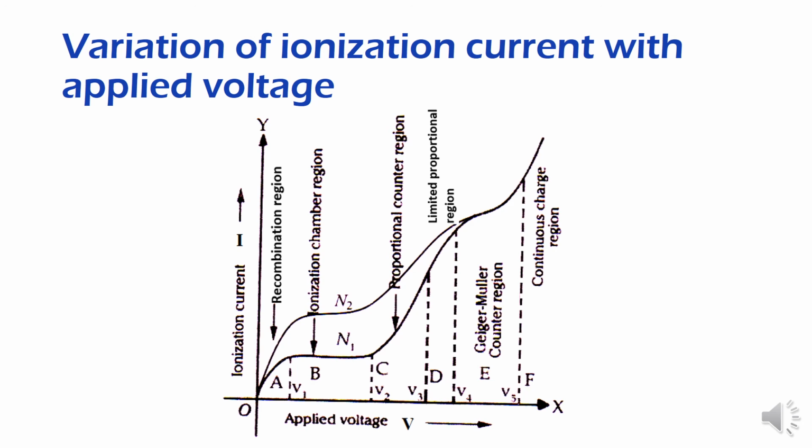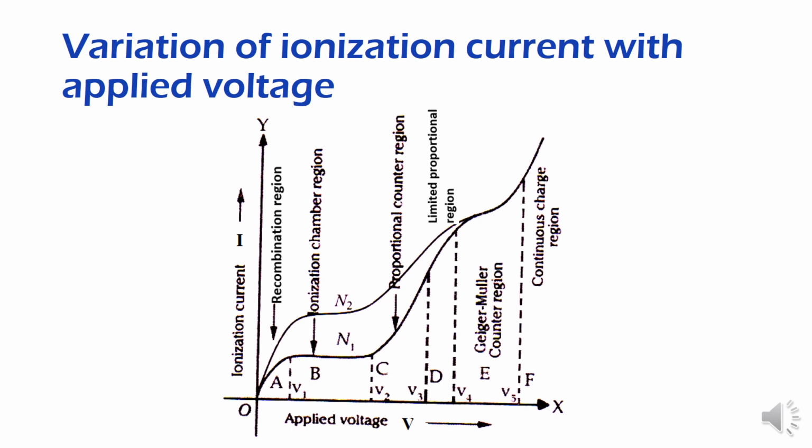Next, the Geiger-Müller counter region, the fifth region. This region is used to detect whether the radiation has entered the chamber or not, but it is not useful in order to identify the particle entering the chamber. Now the last region is the continuous discharge region, in which you get a very high ionization current.